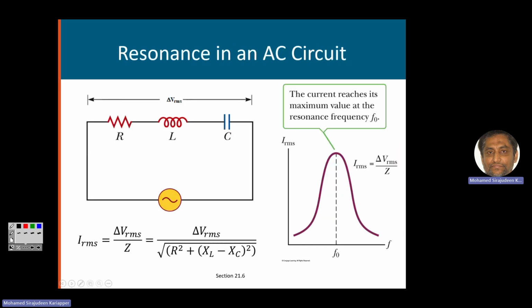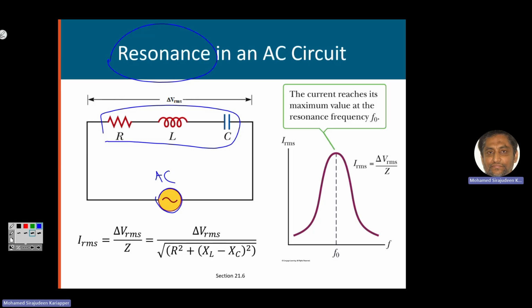Now we come to another important concept in this LRC circuit called resonance. So note this word resonance. So we have the three elements connected in series. So we say an RLC series circuit connected to an AC source.